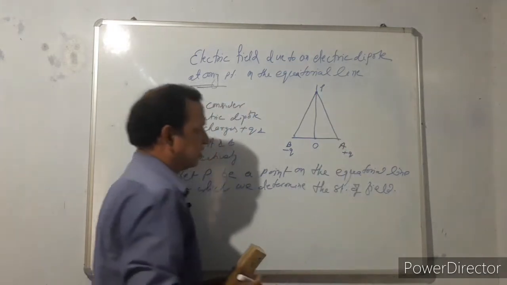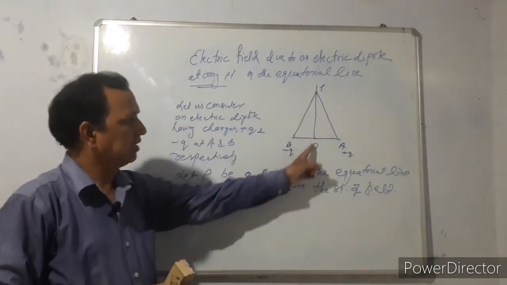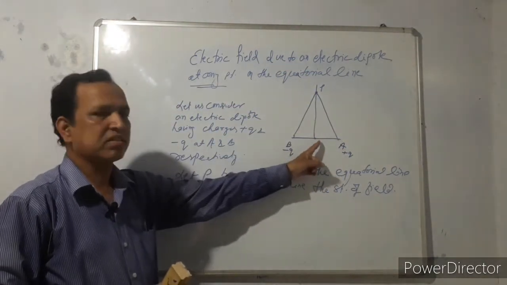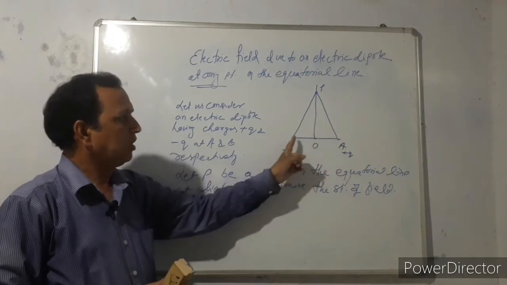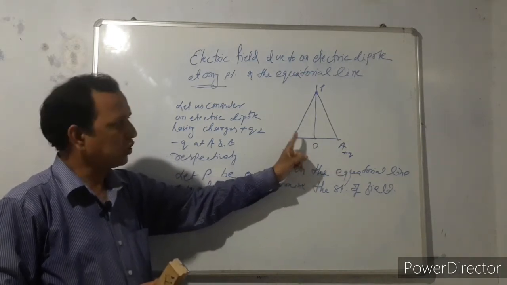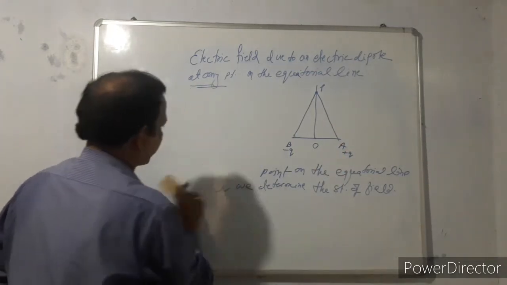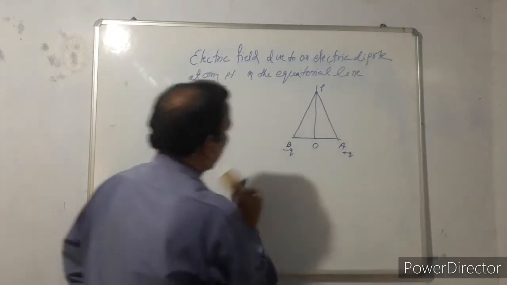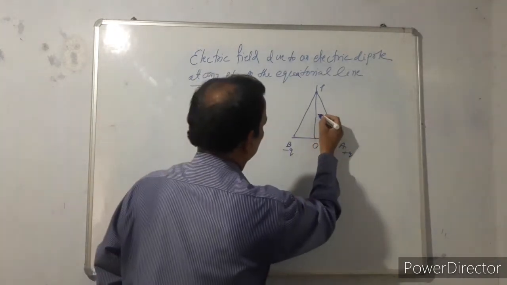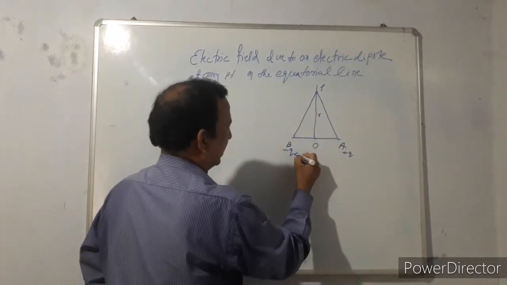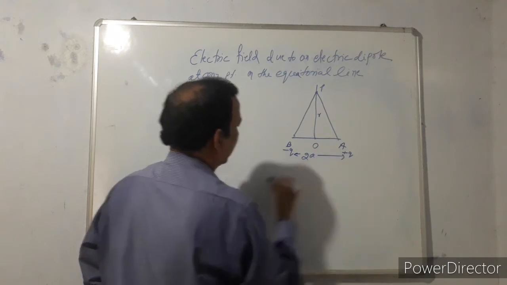P is a point on the equatorial line, meaning the line which is perpendicular to the dipole and also the axial line, at a distance R from O. This is R. The length of the dipole is 2A.